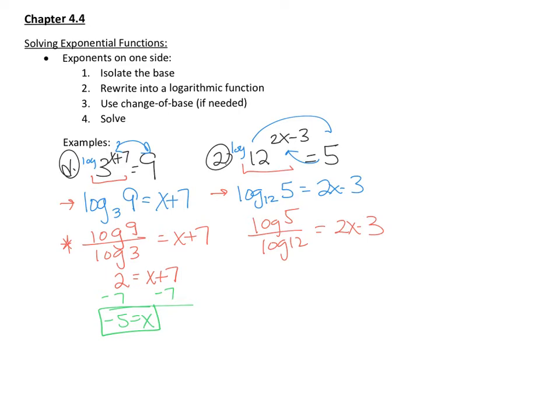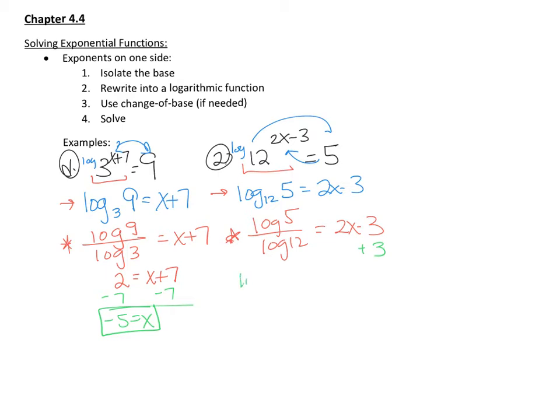Now, at this point, there are two options here. Typically my math lab will tell me to leave this in terms of log. What that means is that they don't actually want me to type this into the calculator. Instead, they want me to just pretend that I did. So if I were to continue to solve this, I would add a 3.